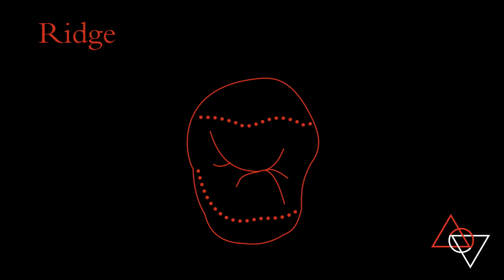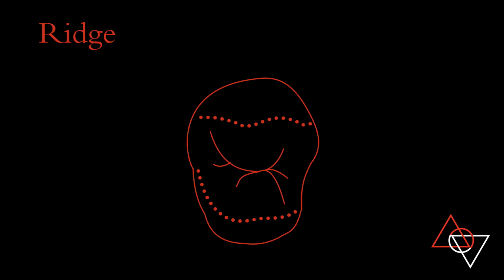As I said before, the cusps of the tooth are pyramidal in shape with 4 sides, divided by ridges. However, some other things can also be viewed as a ridge. For example, here I've made a dotted line, and this can be the oral or facial ridge of the occlusal surface of this tooth.